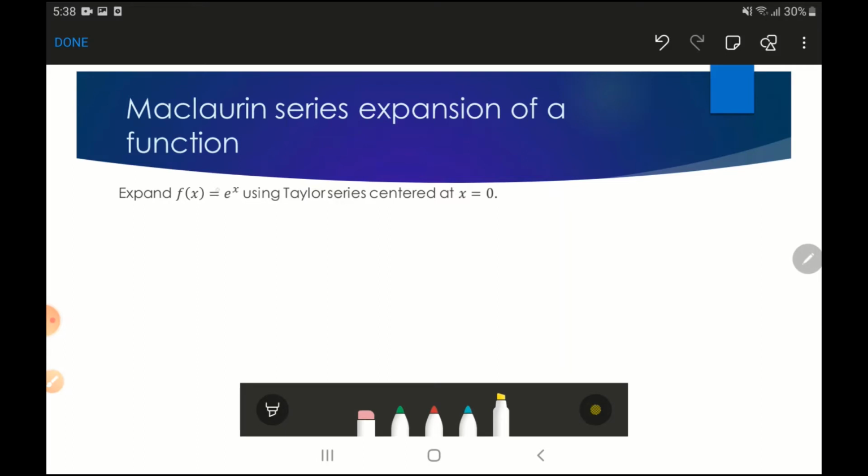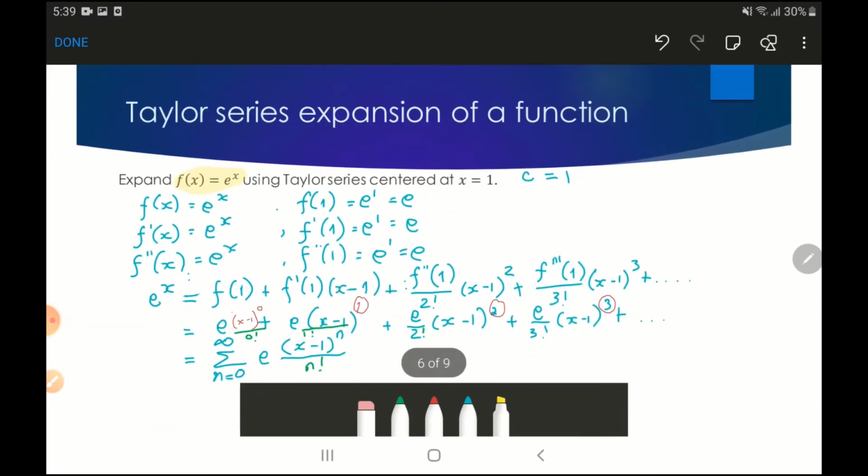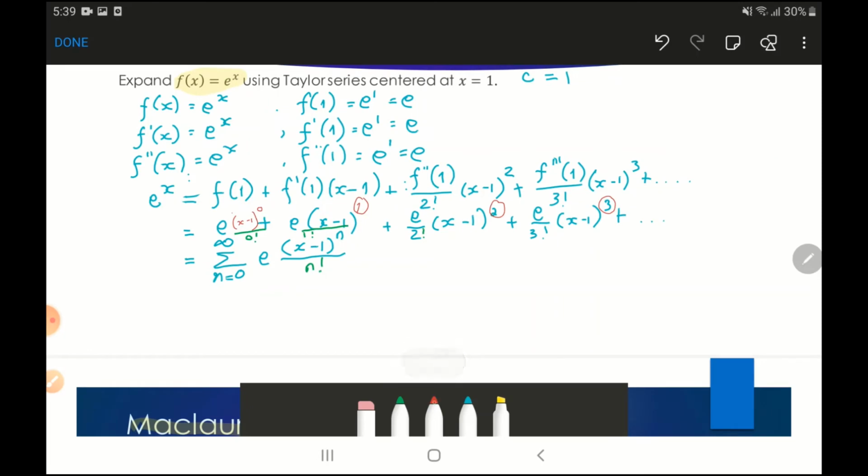Now using the same function, we're going to find the Maclaurin expansion. Because it's Maclaurin, the center will be at x equals 0. So we did the same thing as before with the derivatives. What makes it different is that we don't plug in f(1), but we plug in f(0) because our center is 0.